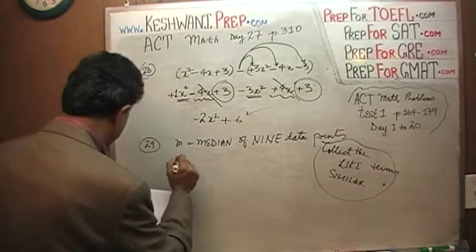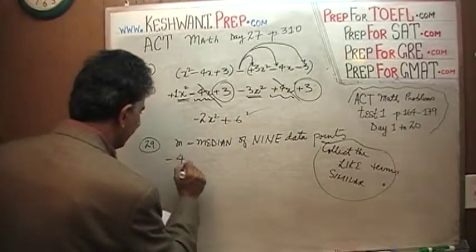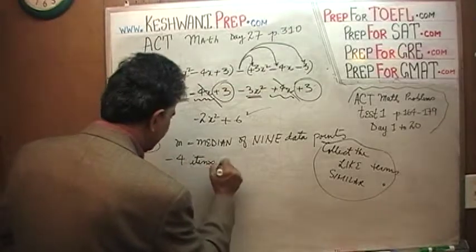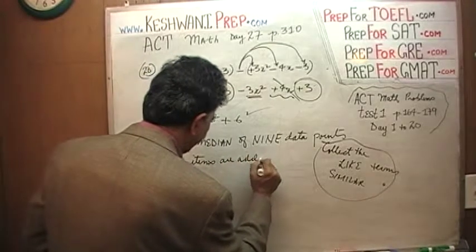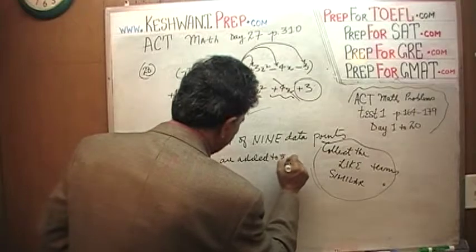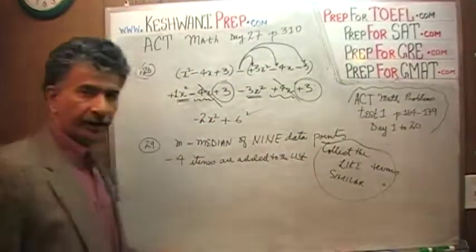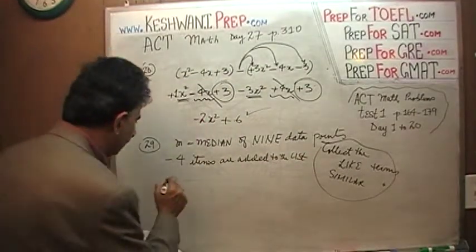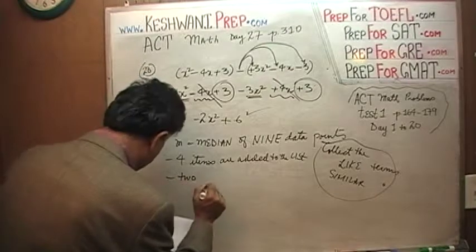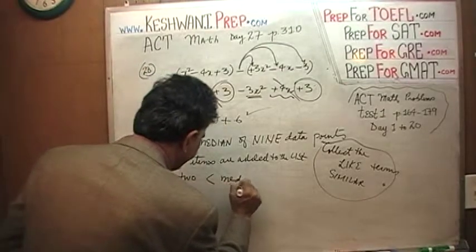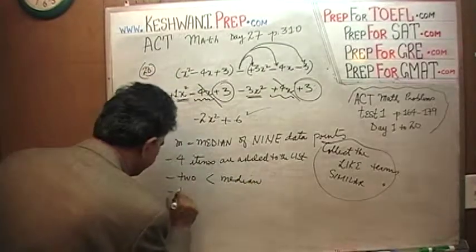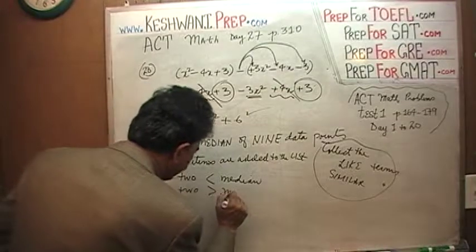Then we are told that we are going to add 4 more items to the list. We're going to add 4 more data points to the list. We are told that 2 of them are going to be less than the median and 2 of them are going to be greater than the median.